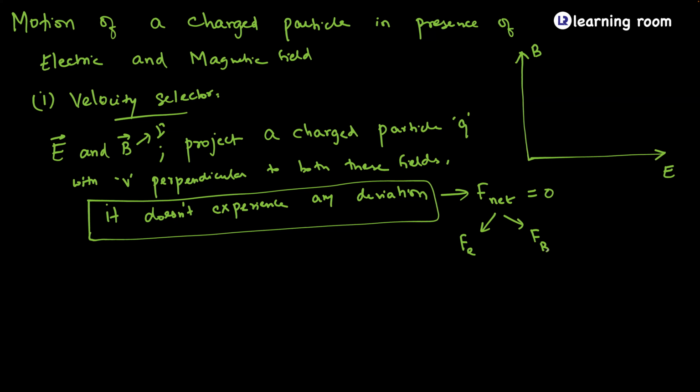So what can I do? If I project it in the direction of negative z-axis, the charged particle due to the electric field will experience a force in which direction? Listen to this.